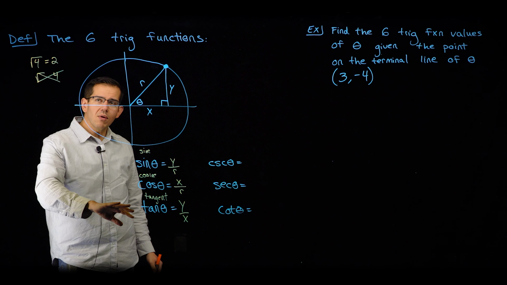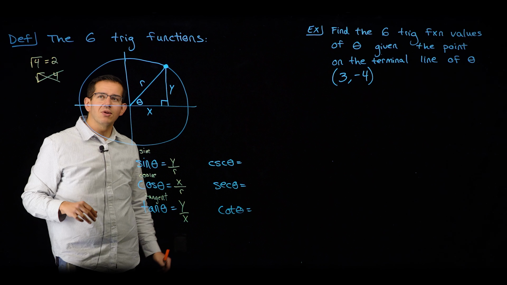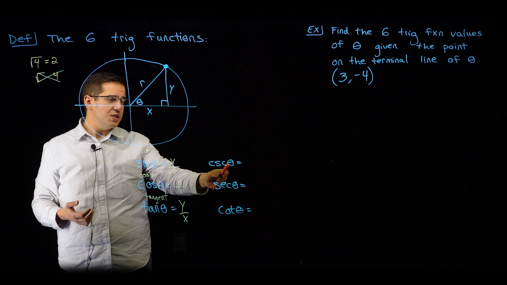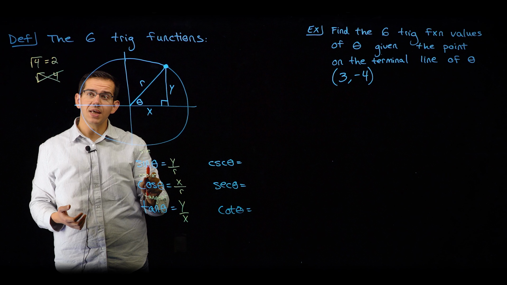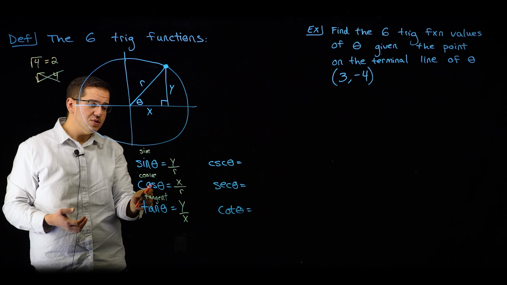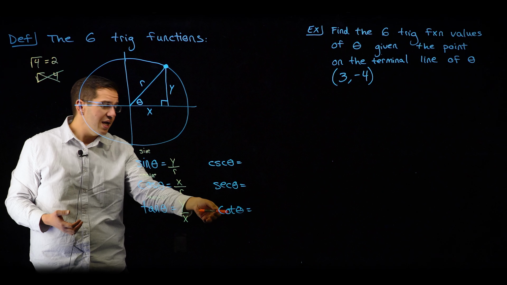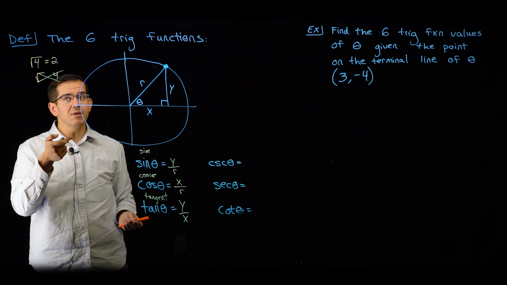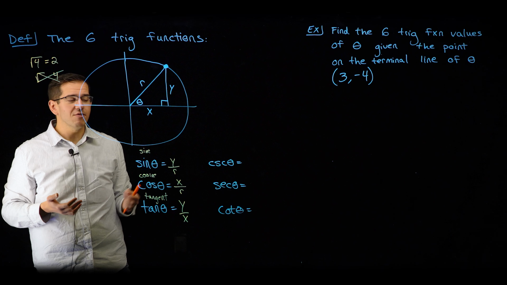Once we know these 3, we immediately know the other 3. I've lined them up like this for a reason. Cosecant is the reciprocal of sine. Secant is the reciprocal of cosine, and cotangent is the reciprocal of tangent, meaning just flip the fraction over and you have the other value.